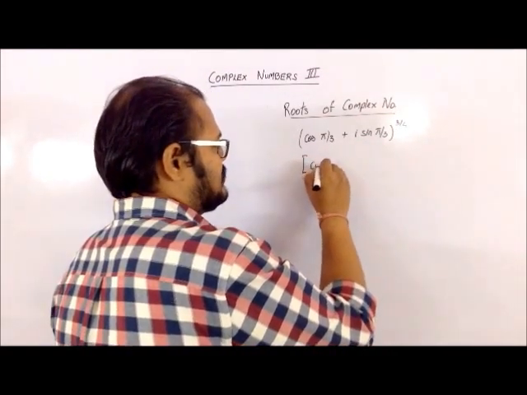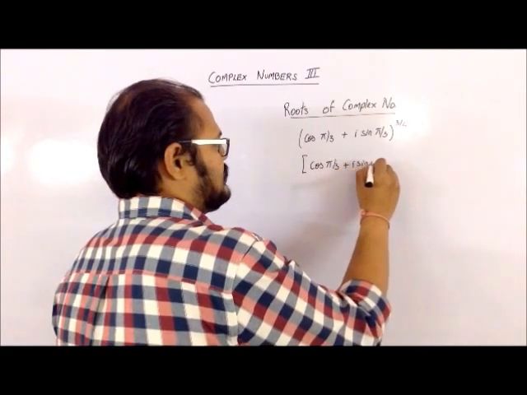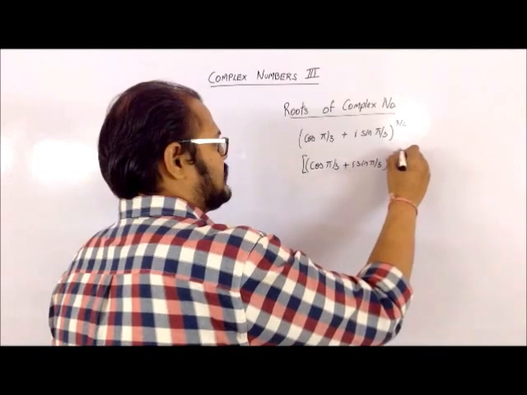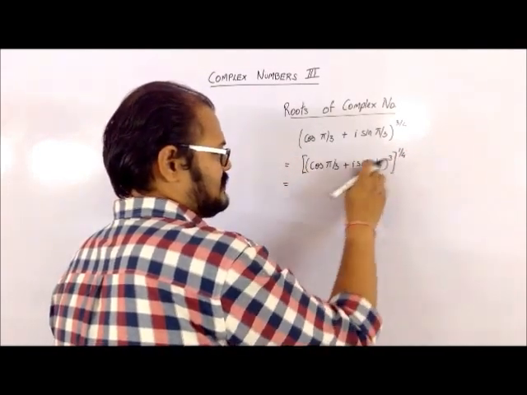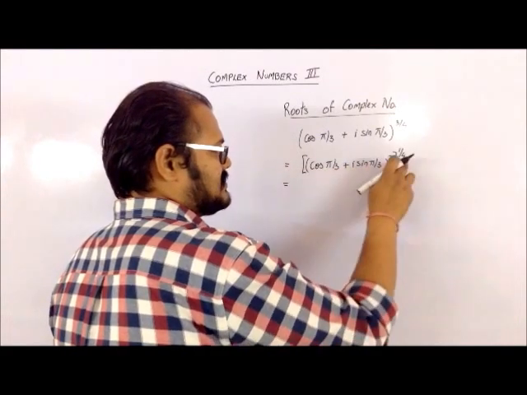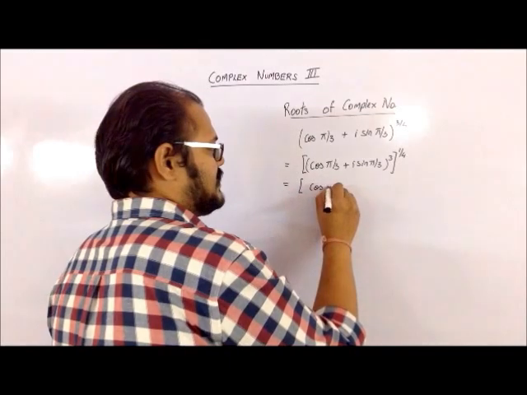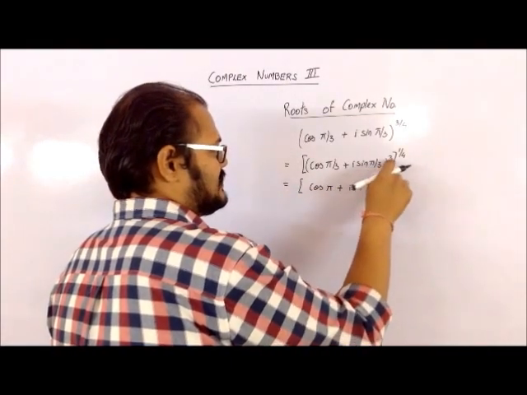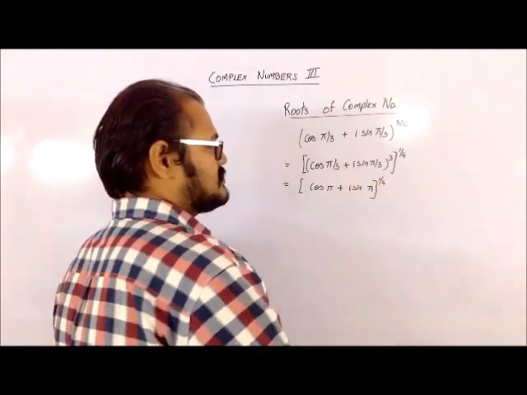So it can be written as cos pi by 3 plus i sin pi by 3 whole cubed, raised to 1 by 4. By De Moivre's theorem, I can apply it here because it is not the root which I am finding. So it will be cos pi plus i sin pi, because pi by 3 into 3 gives me pi, and this thing is raised to 1 by 4.